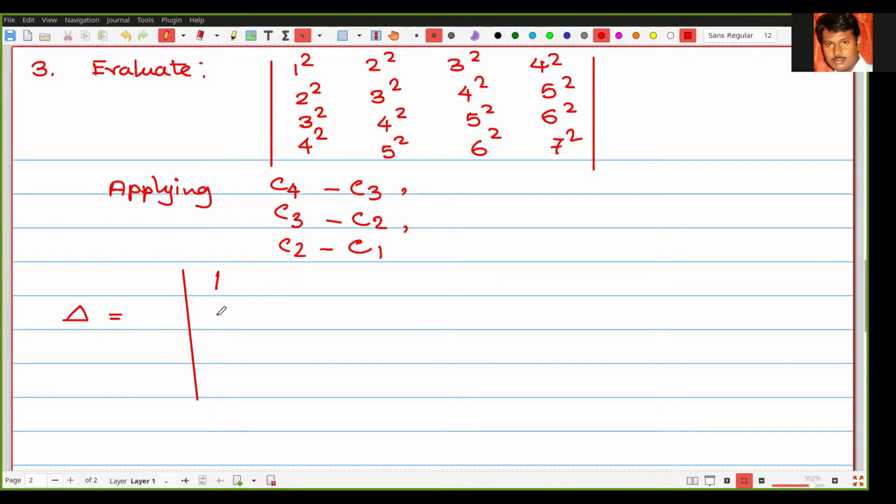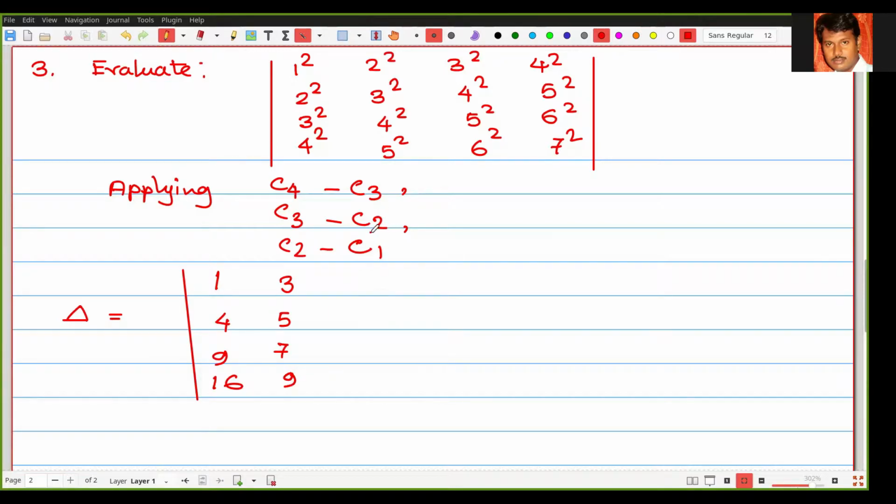So 1, 4, 9, 16. The C1 remains the same. Then the second one, that is C2 minus C1. So that is 2 square minus 1 square, that means 3. 3 square minus 2 square, that means 5. 4 square minus 3 square, that is 7. And 5 square minus 4 square, that means 25 minus 16.